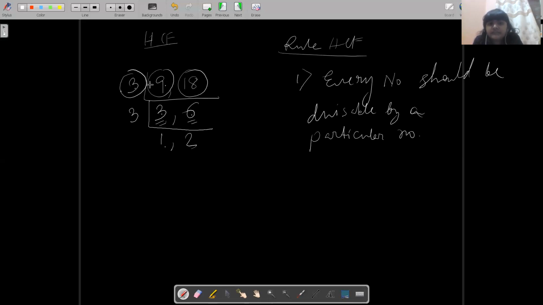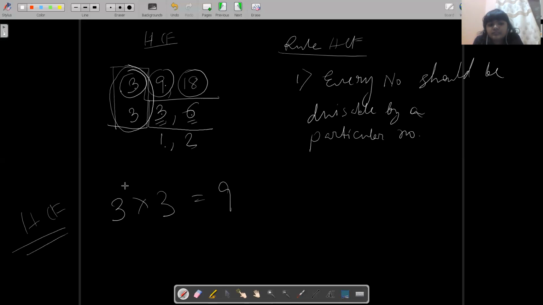This 9 and 18 are divided by this 3. This 3 and 6 are divided by 3. So now tell me, what is the highest common factor then? 3 into 3, that is 9. Whatever is coming in this left part, we'll take and call it the HCF. It is HCF, that is 9.